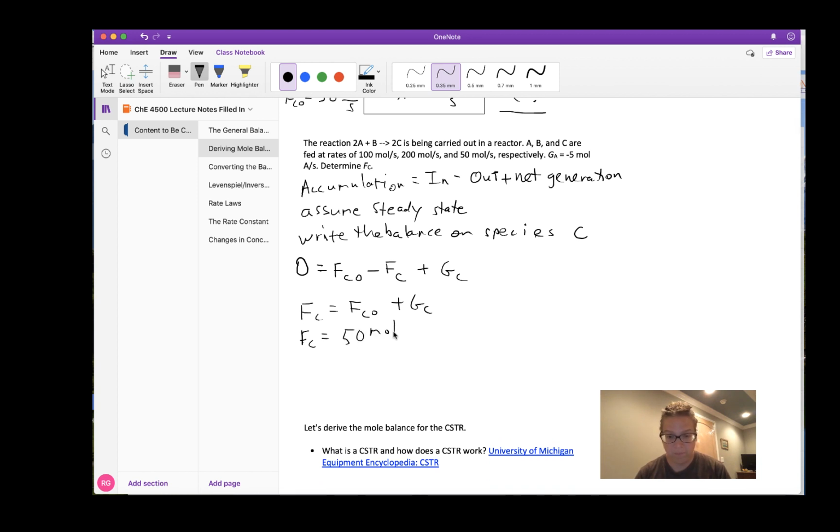And so now I can take what I know. I know something about GA, and I also know that GA is related to GC by stoichiometry. So I'm going to scale GA by the stoichiometric ratio between C and A. In this class, we denote stoichiometric coefficients with the lowercase Greek letter nu.